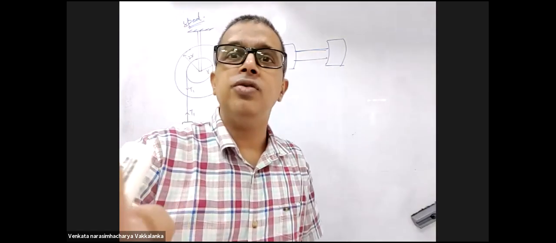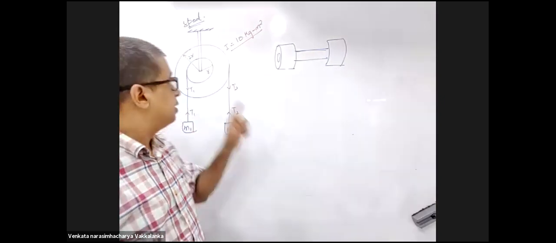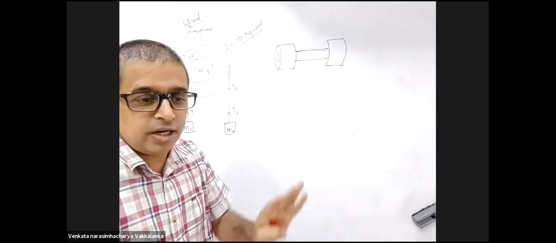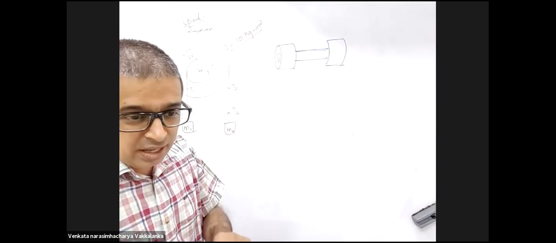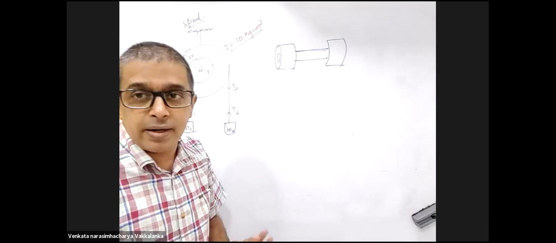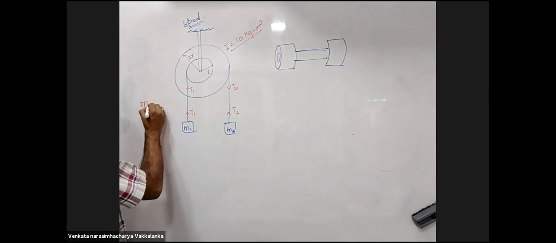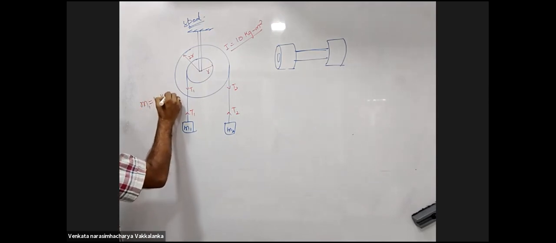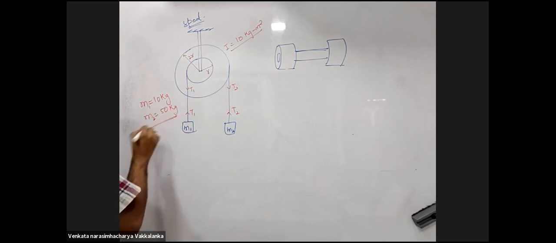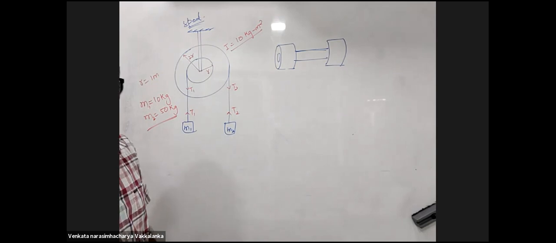Do not assume that spool is a solid cylinder. Spool is a body whose moment of inertia needs to be given. They have given us 10 kg meter square. M1 is 10 kg, M2 is 50 kg. R is 1 meter. 2R will be 2 meters.